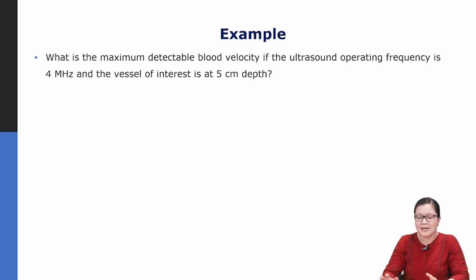Now let's look at an example of how we can use this expression to compute the maximum detectable blood velocity. The question is: what is the maximum detectable blood velocity if the ultrasound operating frequency is 4 megahertz, our transmit frequency, and the vessel of interest is at 5 centimeter depth, 5 centimeters away from the transducer?